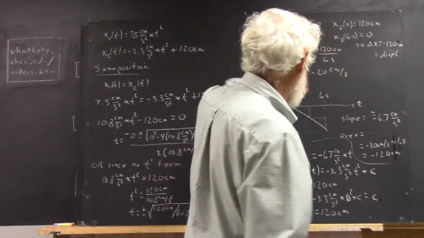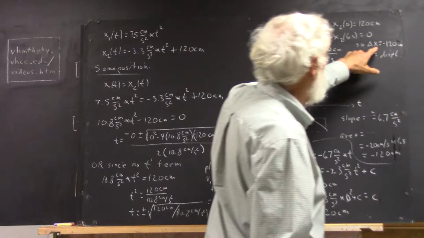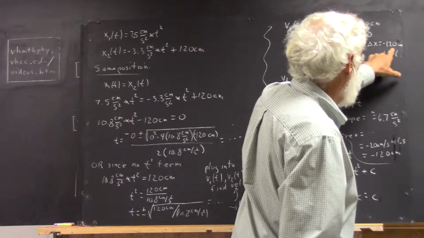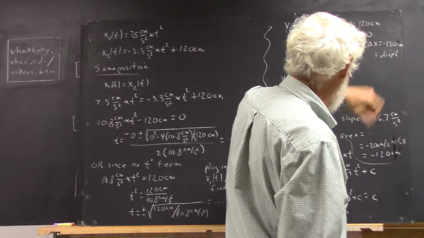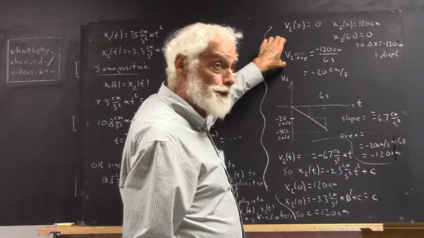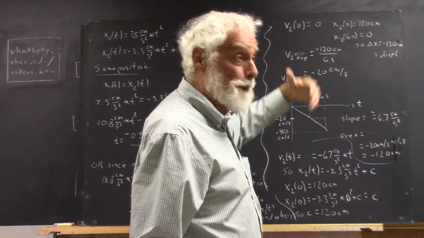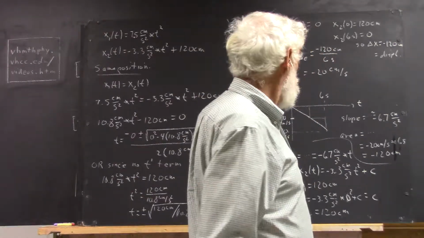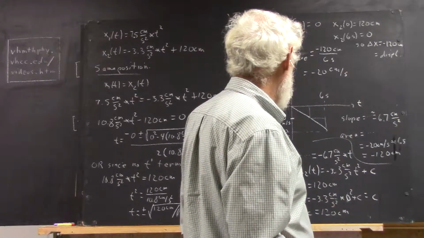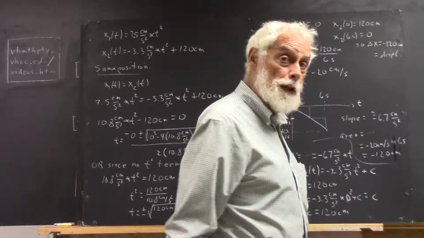I wrote delta x is negative 120 centimeters, and that is displacement, not distance, displacement. And velocity is always displacement divided by the time interval. So that's negative 120 centimeters over 6 seconds, or negative 20 centimeters per second, so we sketch our graph.